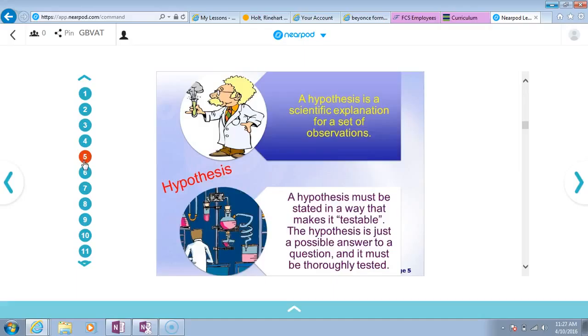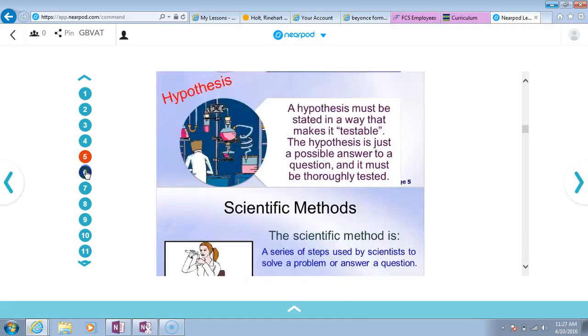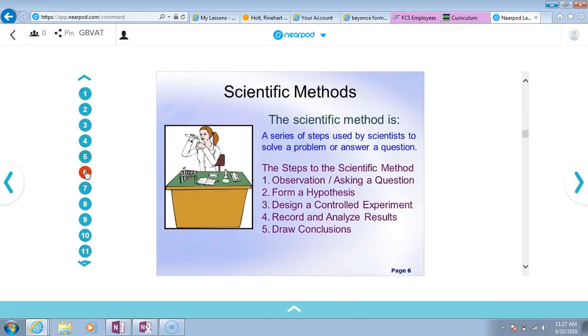So let's go in a little bit more detail with that. All right, scientific method. Okay, the scientific method is a series of steps used by scientists to solve a problem or answer a question. The steps of the scientific method: 1, all right, observation, asking the question. All right, you must observe a phenomenon or a problem and ask a question about that phenomenon or problem in order to move on to the next step.